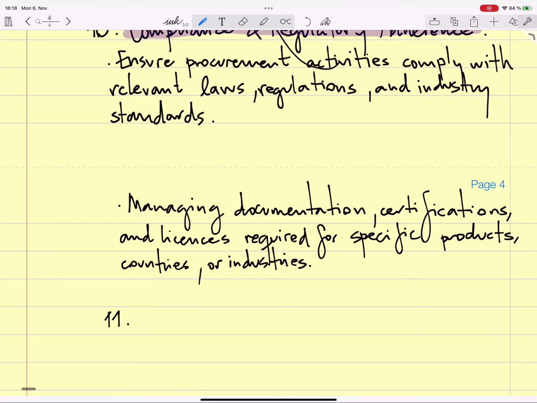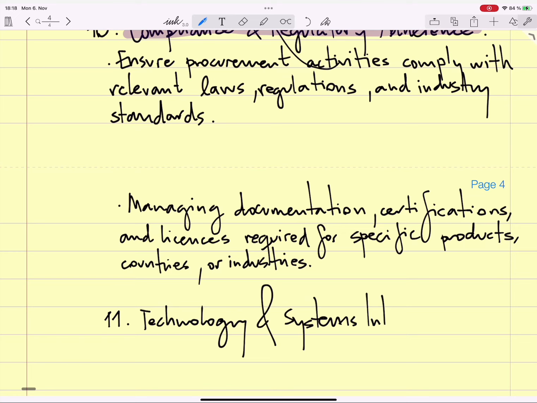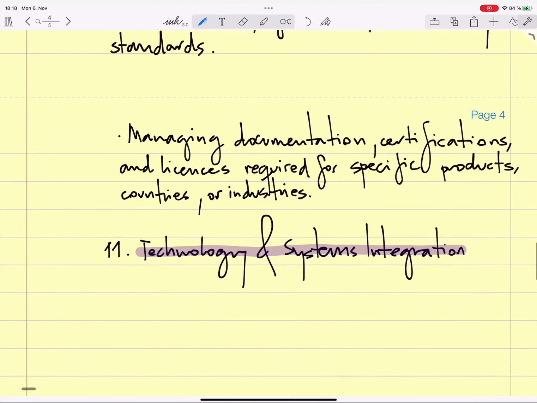So number 11, technology and systems integration. So over the course of your professional career, systems will change, technology will evolve, you need to adapt. Okay? So you need to adapt faster than your competition, which are the other people.